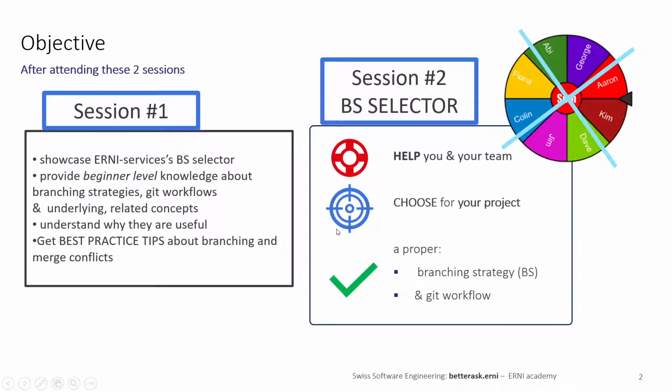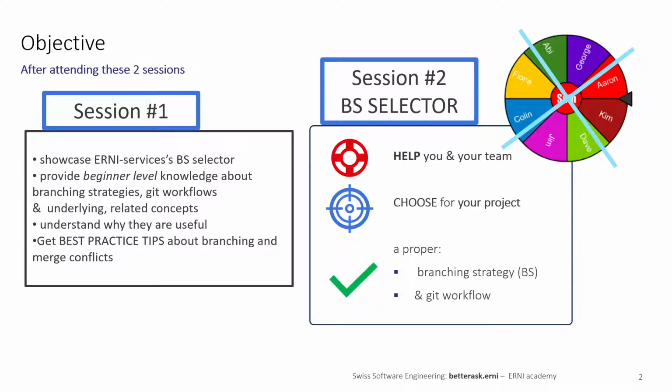The objective for this session is, after attending, to learn how the branching strategy selector works and how to use it. You will also gain more knowledge about these concepts.